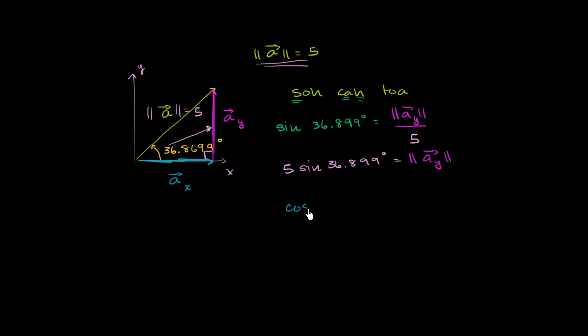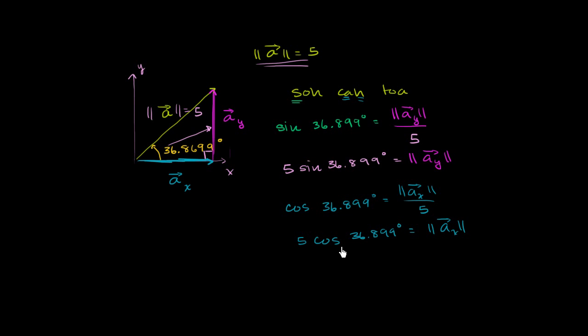So we know that the cosine of 36.899 degrees is equal to, cosine is adjacent over hypotenuse, the magnitude of our x component over the magnitude of the hypotenuse, which has a length of 5. Once again, we multiply both sides by 5, and we get 5 times the cosine of 36.899 degrees is equal to the magnitude of our x component.